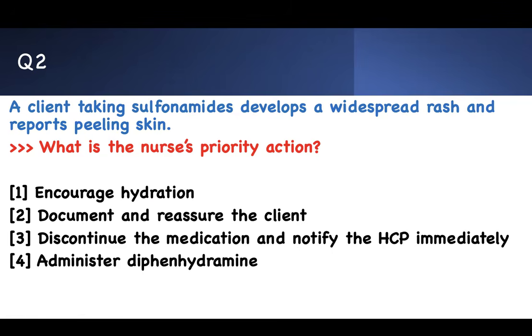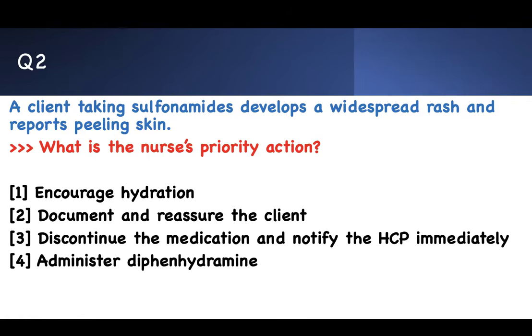What is the next priority action? A client taking sulfonamides develops a widespread rash and reports peeling skin. You see, they don't give you the medication, they give you a group, sulfonamides. That means the whole group. Now they have rash and peeling skin. The fever and rash mean Stevens-Johnson syndrome. We have a problem.